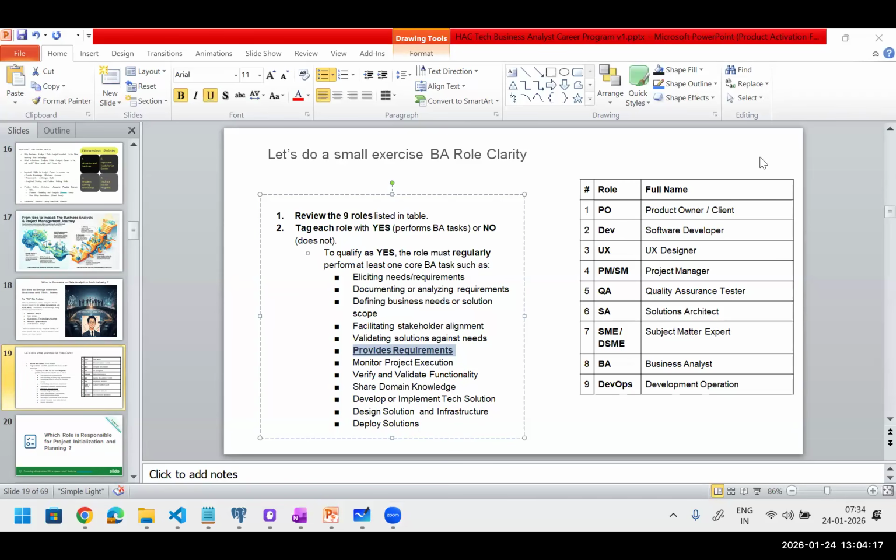So the PO has a vision: I have this need, and therefore I want to build the solution. Therefore he is supposed to provide it, but the BA is supposed to elicit from him. Elicitation is all about obtaining information and requirements from him.